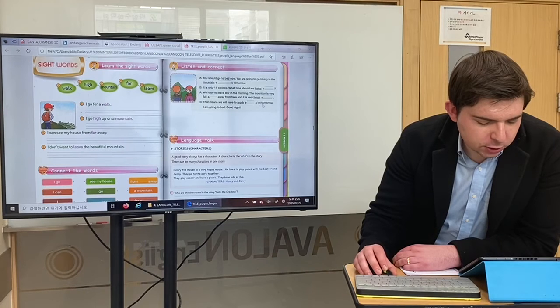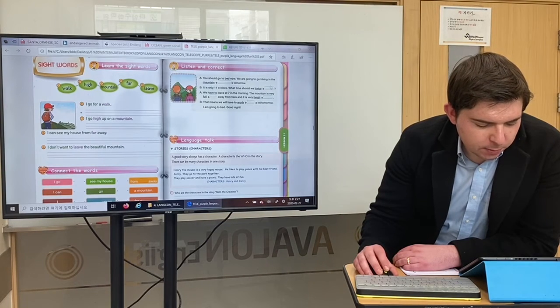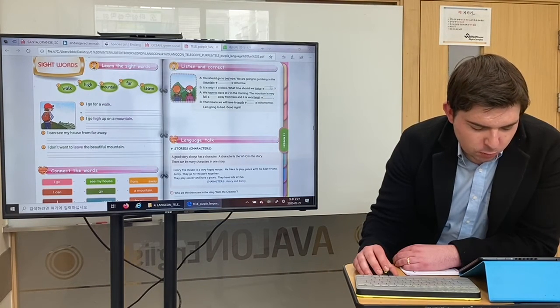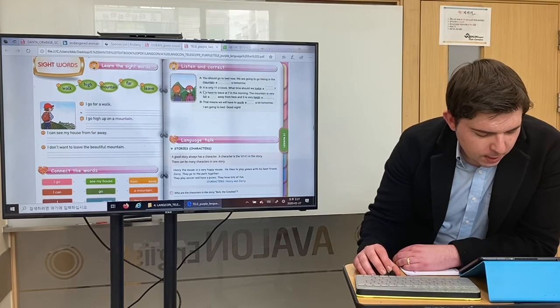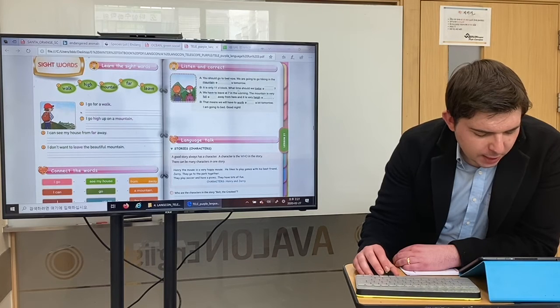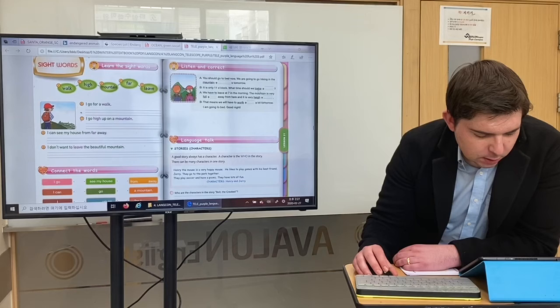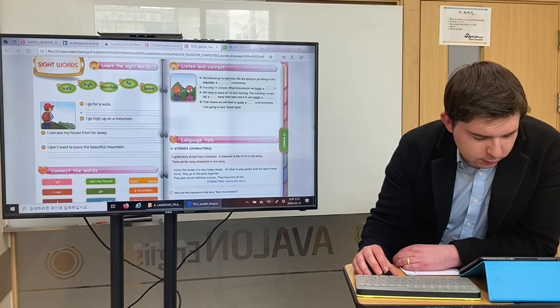We are going to go hiking in the mountains tomorrow. How do we spell mountain correctly? Mountain. Yes, very good. And B, it is only 11 o'clock. What time should we leave? Leave. Yes, good.